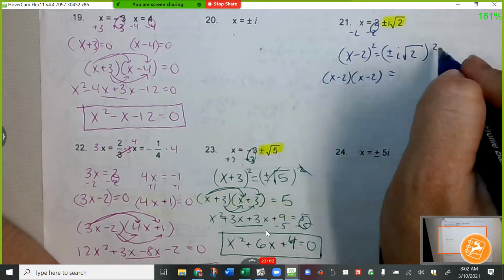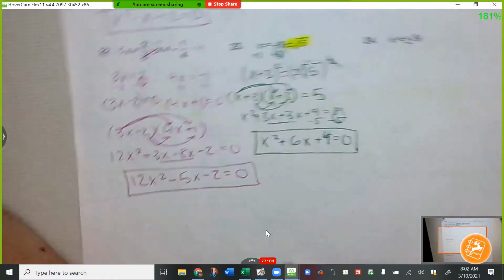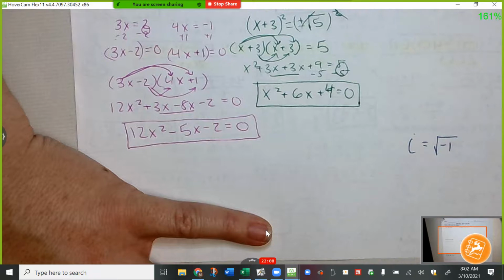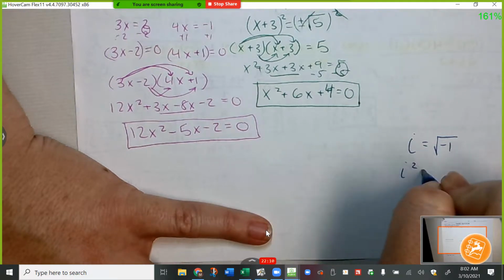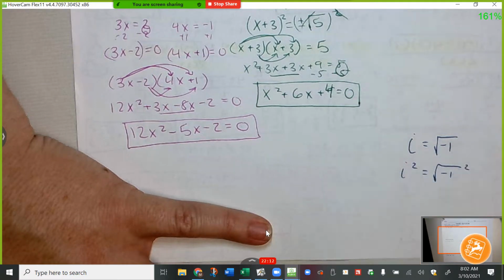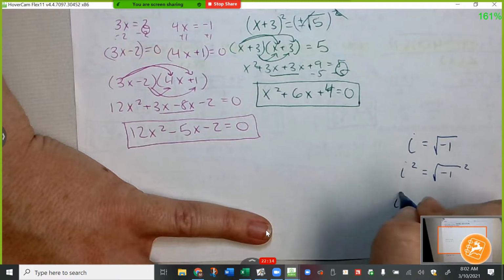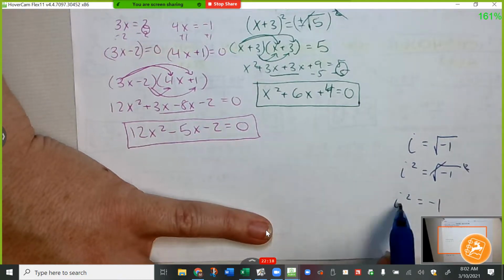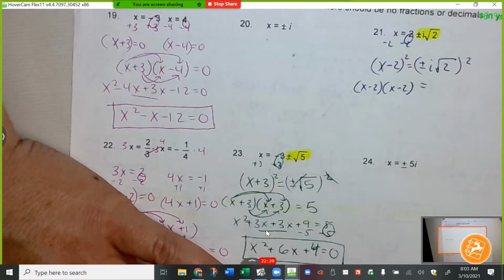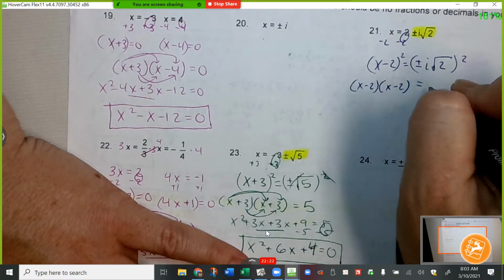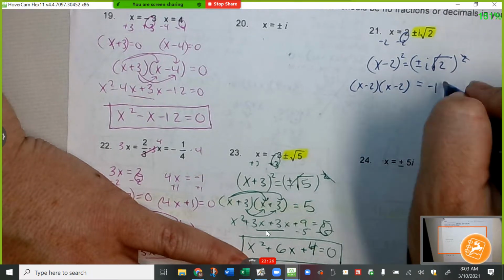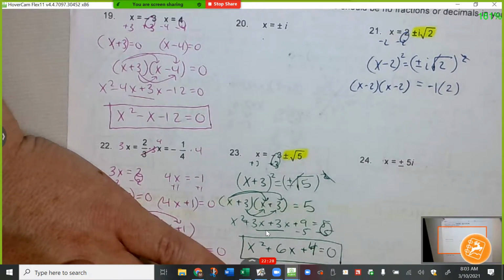And i squared, so just as a reminder, i equals the square root of negative 1. So if I square both sides, i squared equals, so square root cancels the squared, negative 1. So anytime you square i, it just equals negative 1. So this is going to be negative 1, and then square root of 2 squared, well, that cancels that, is just 2. So you're going to multiply those.